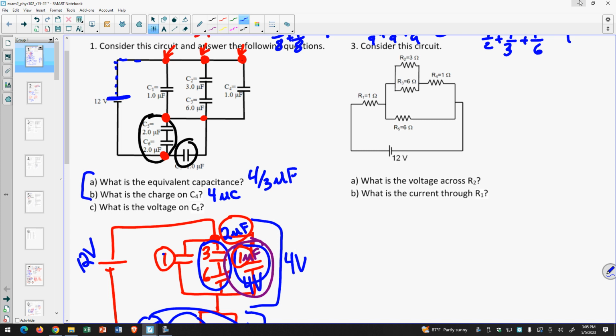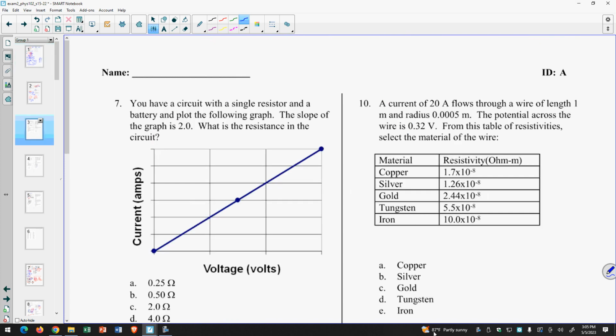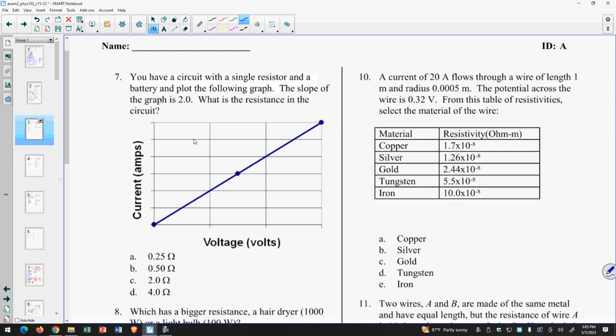And as I go through those, I pick the questions and then I change them in various ways. So for example, if I pick number 7, not saying that it's on the exam, but just for example, on that question, really all that I would do is change probably the slope. I would change the slope and then ask you what is the resistance.